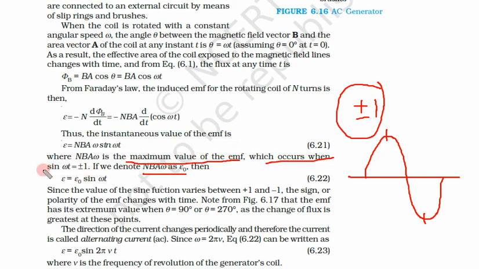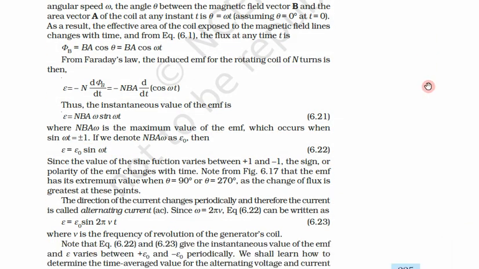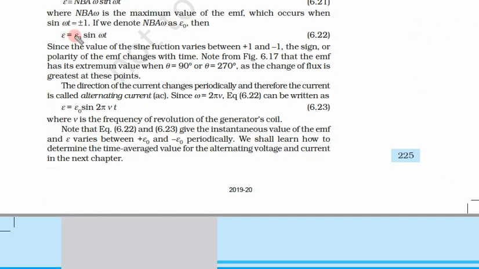Maximum EMF is epsilon 0, when sine omega t is equal to plus 1 or minus 1. Only direction will be different. This EMF is highest, this EMF is also highest, only direction is different.